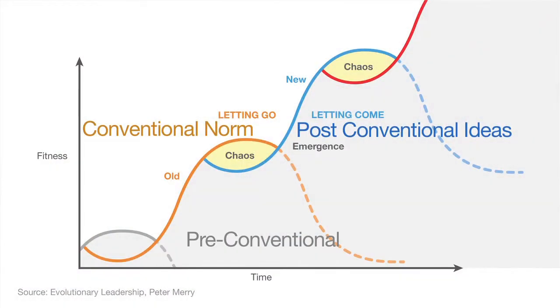Now, when you start to notice some of the limits of that culture, as we were pointing to in the S-curves, that culture has maybe reached a boundary. It's starting to create a series of problems that it couldn't foresee when it first emerged with its way of being. Then you start to get new ideas emerging at the next level of the S-curve and start to get the post-conventional ideas coming in.